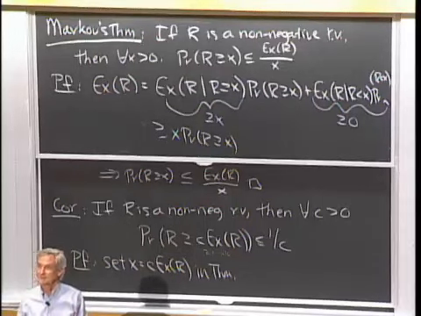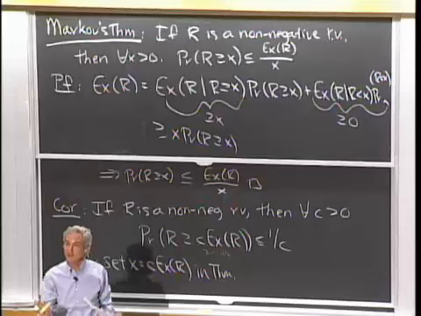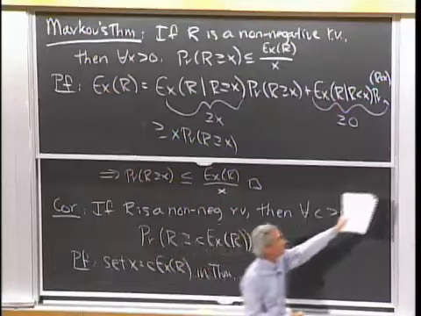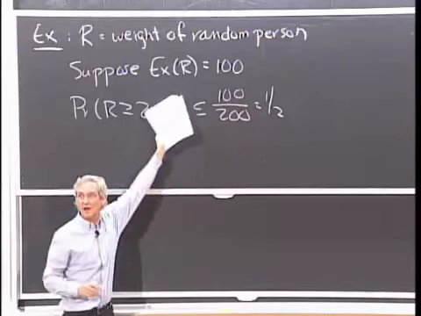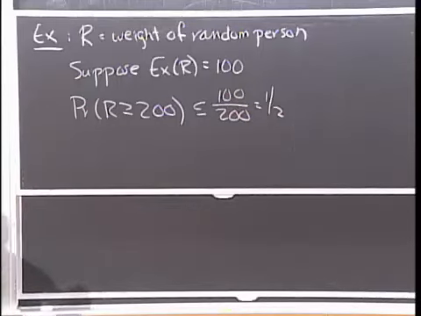That's correct. They can be distributed any way with positive values, but we have a fact here we've used, that the average was 100. So that does limit your distribution. You couldn't have a distribution where everybody weighs 200 pounds, because then the average would be 200, not 100.